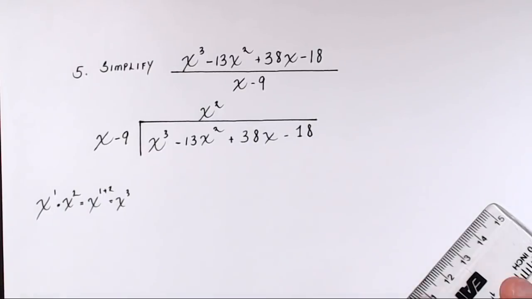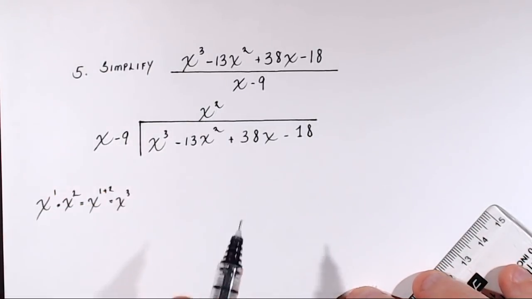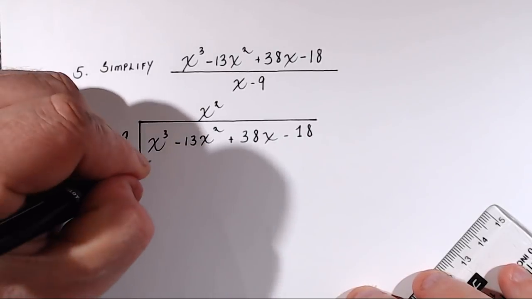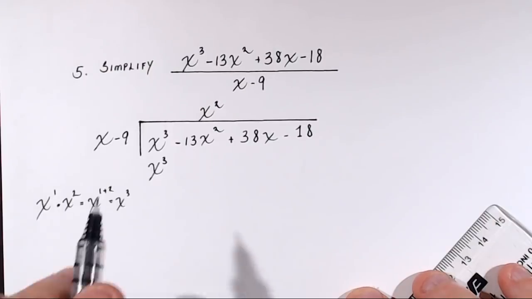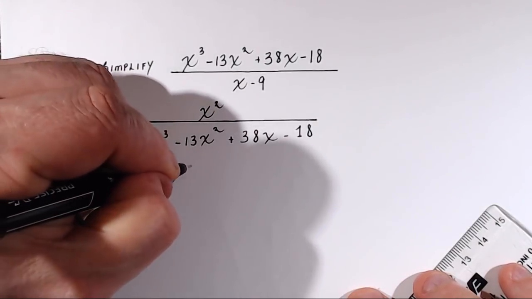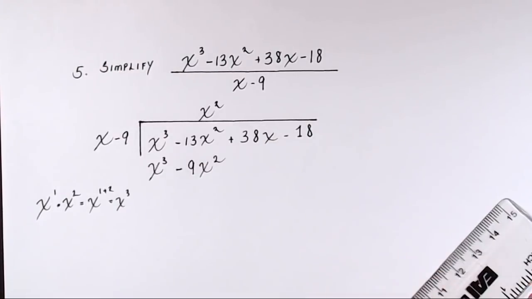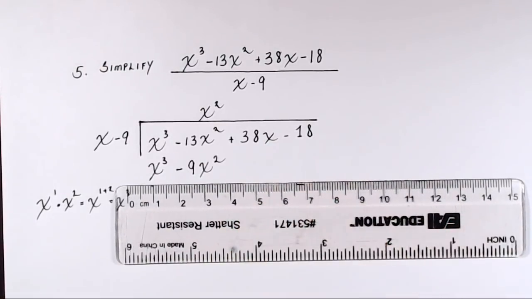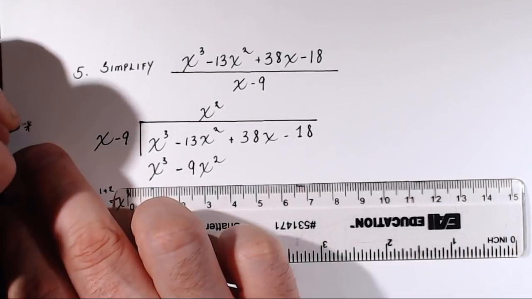Interesting. Okay, now what? Now we multiply x squared times x, and we get x cubed. And I multiply x squared times negative 9, and I get negative 9x squared. Then we follow a new little motto, something else to remember.